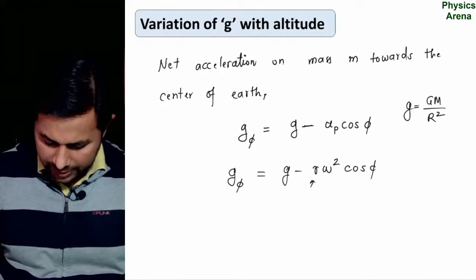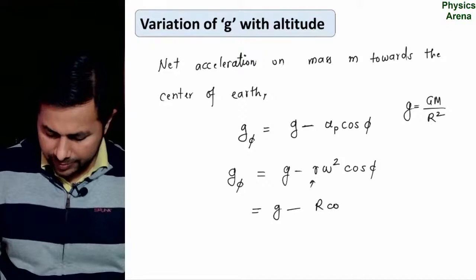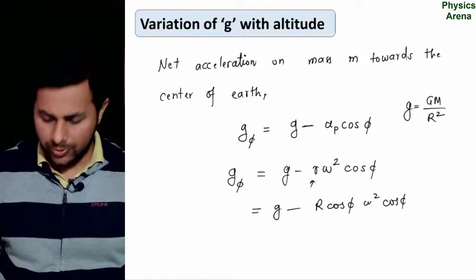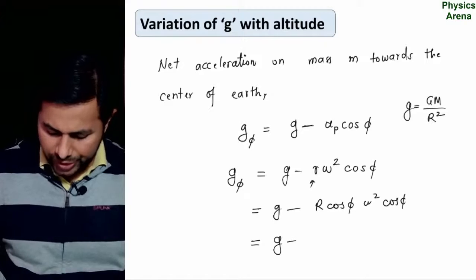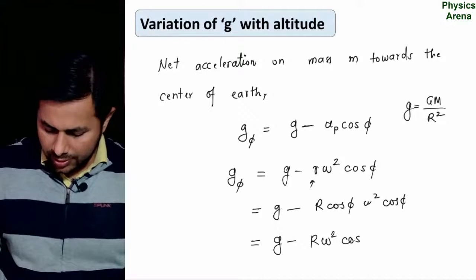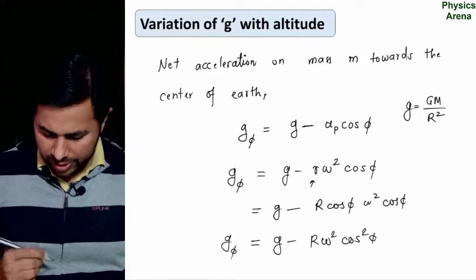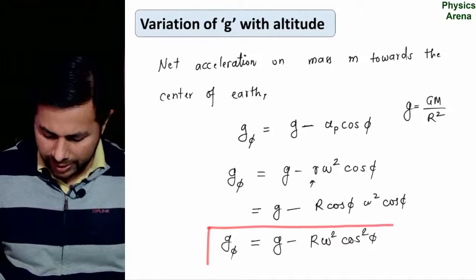So we can write this as g minus R cos phi into omega squared cos phi, and multiplying cos phi and cos phi gives cos squared phi. So we have g minus R omega squared cos squared of phi. This is the formula for acceleration due to gravity at altitude phi.